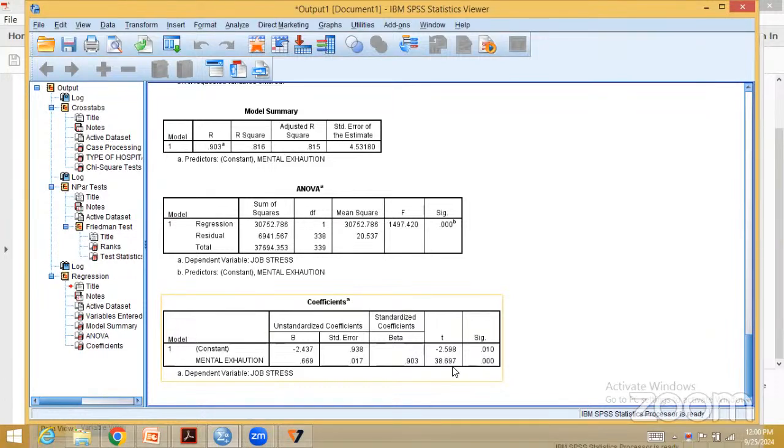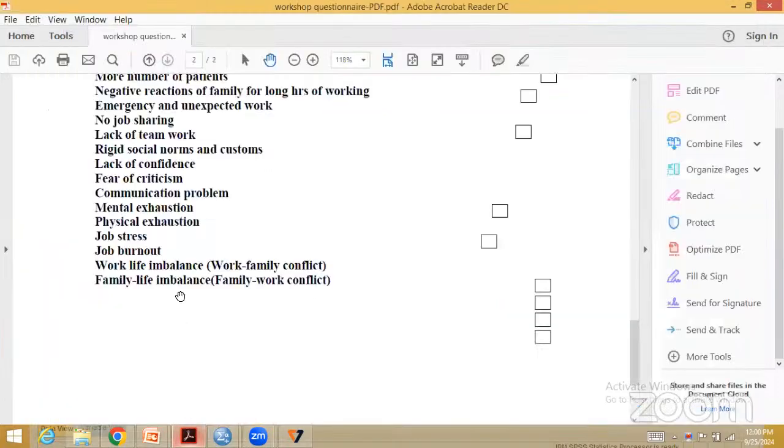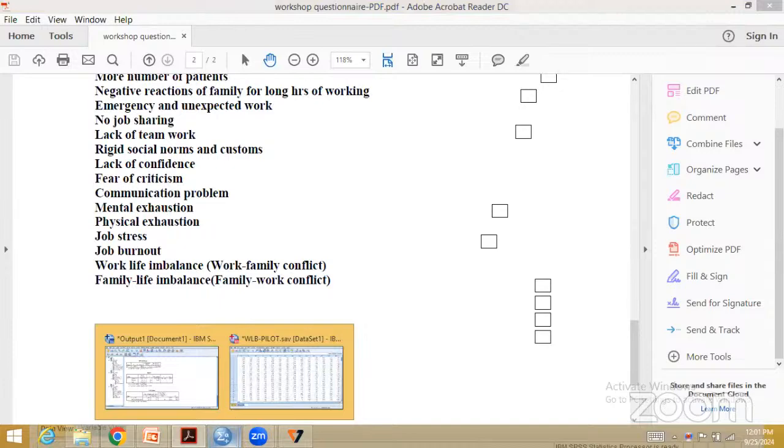At the same time, whether the relationship is positive or negative will be clearly indicated by the regression output. Here I have taken only one independent variable, that is mental exhaustion. And we have one more independent variable, physical exhaustion, in addition to mental exhaustion. How it affects job stress, we will discuss.